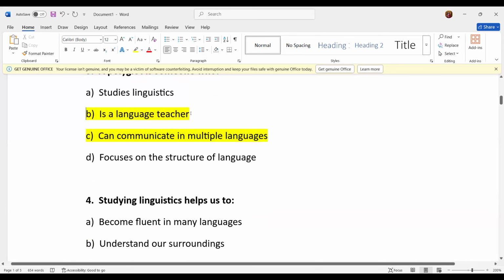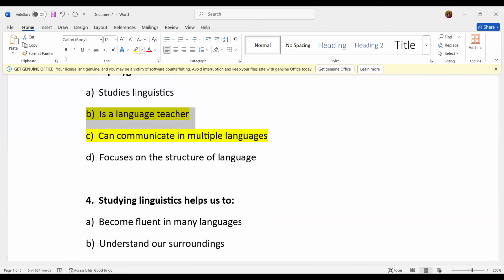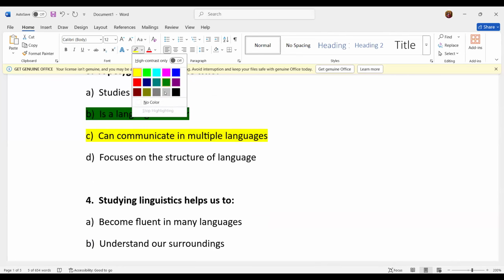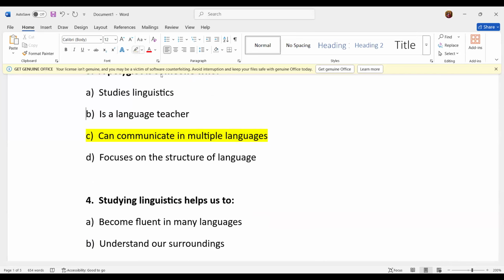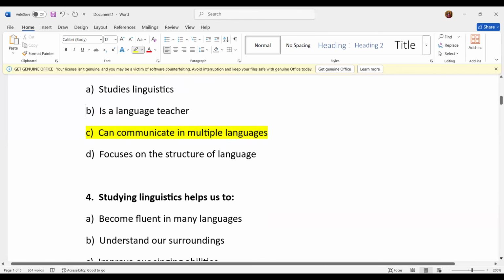I have highlighted 2. One is correct. Question number 4.